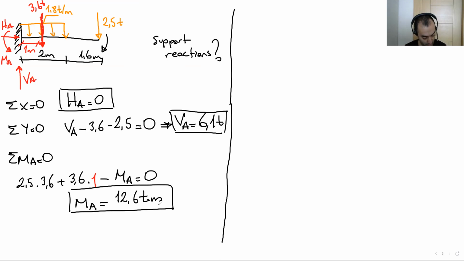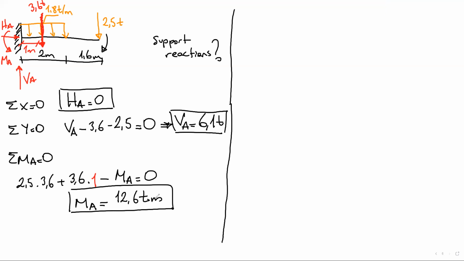Do you have any question? Professor, in the diagram, I guess 1.8 should be 1.8 ton instead of ton per meter, right?